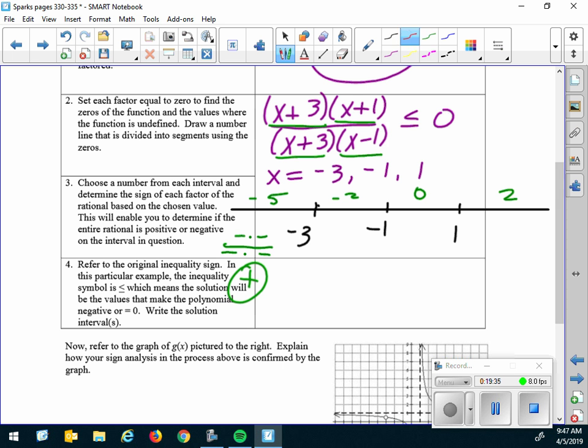If x is -2, I want positive or negative. Positive. Negative. Positive. Negative. So I've got a positive times a negative divided by a positive times a negative. What do I get? I get a negative divided by a negative, which is positive.